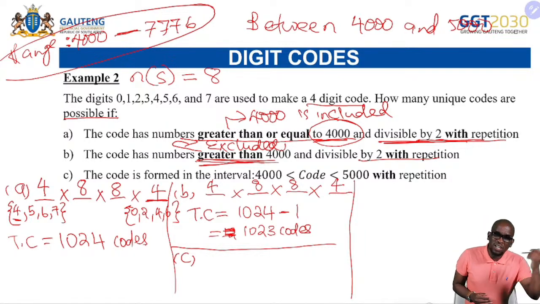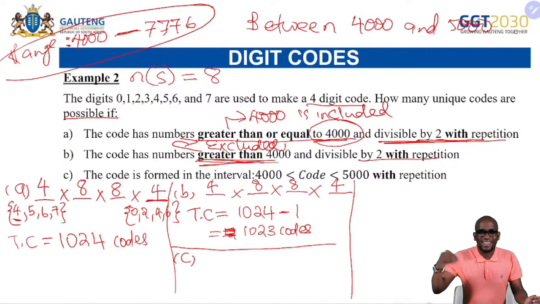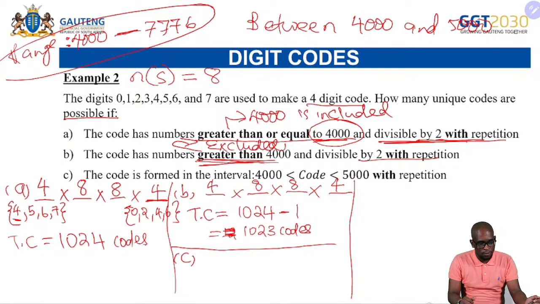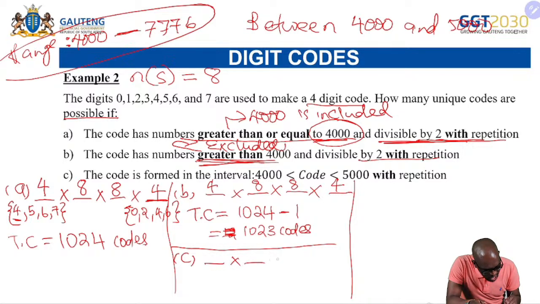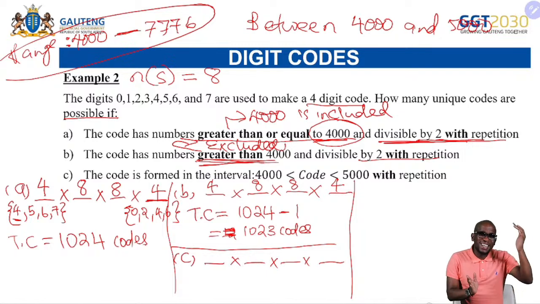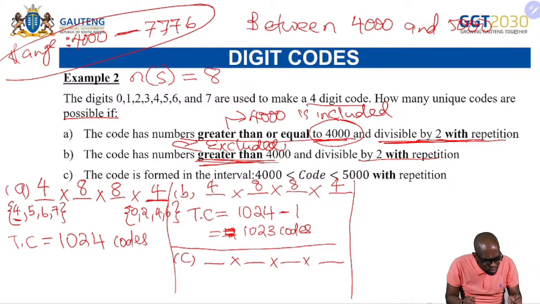The code must be greater than 4,000 but less than 5,000. So in order for us to get a code that is greater than 4,000 but less than 5,000, we obviously are forming a 4-digit code. For it to be greater than 4,000 but less than 5,000, we need to start with the number 4.